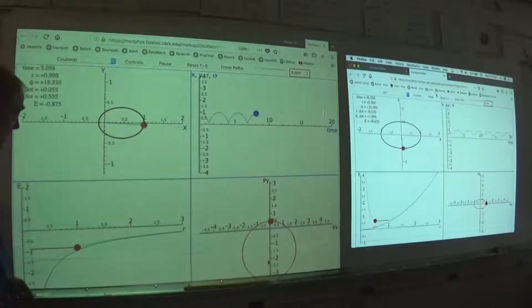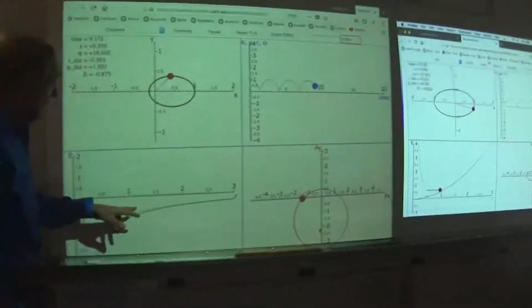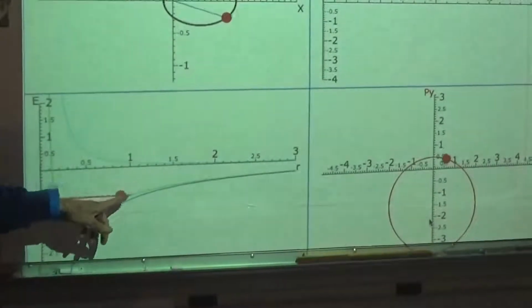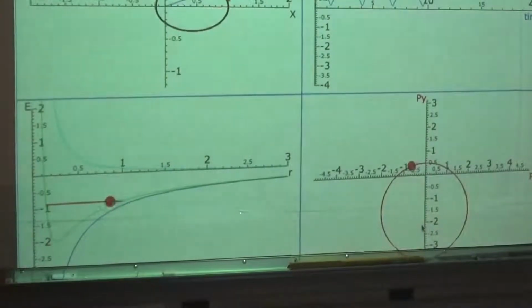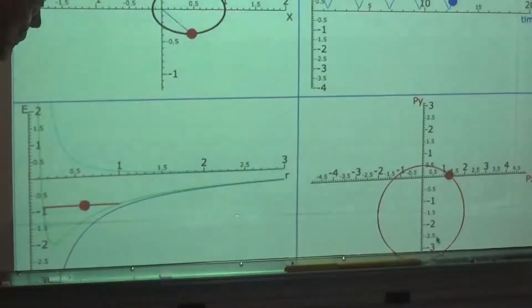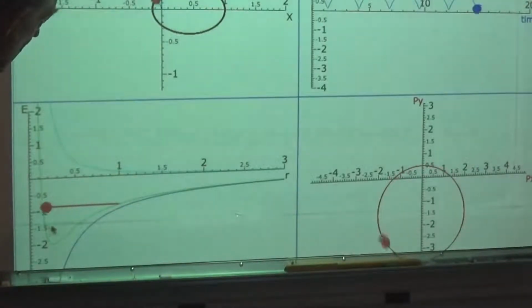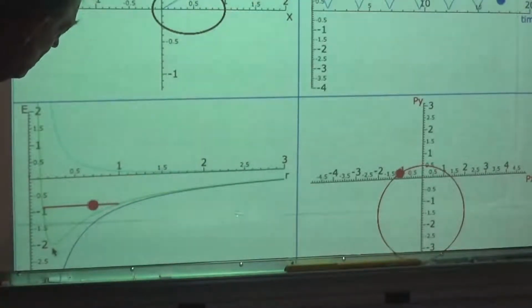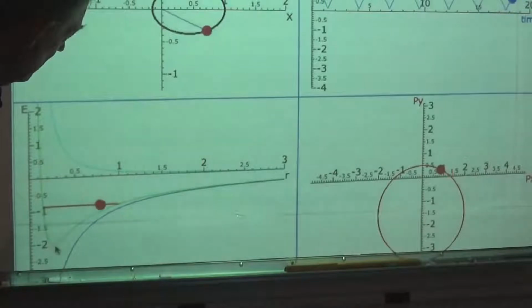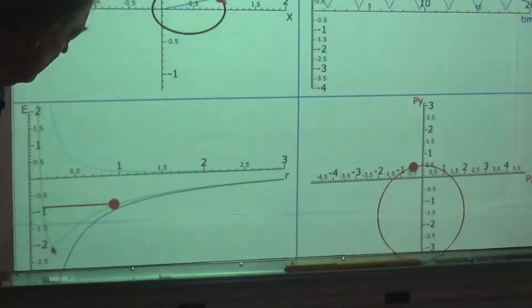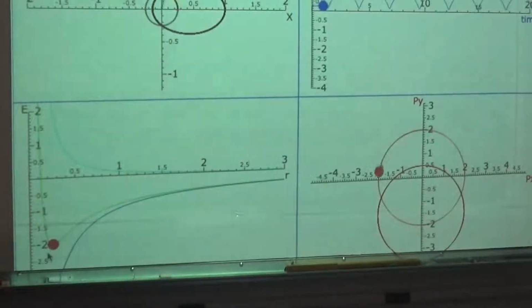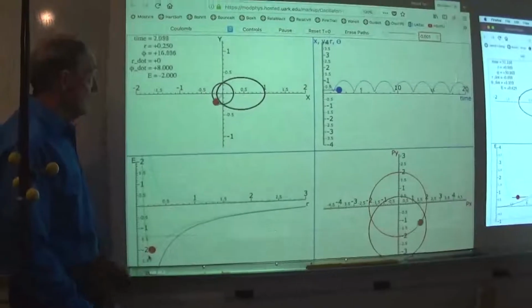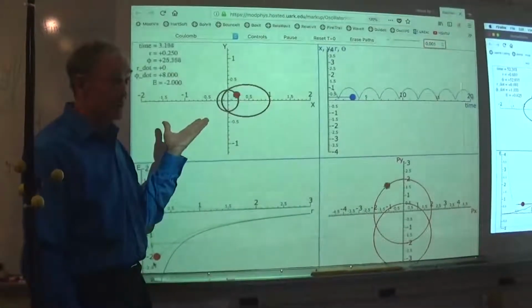Okay, so we have an effective potential now, this green line right here that has a dip in it, and if you want circular orbits here, you have to set this thing down as close as you can to the very bottom of that potential. I'm trying to do that, a little nervous here, to get that arrow right on the bottom of that thing. Click. Okay. I haven't ever done it that well. That's within a pixel. So there's your circular orbit.